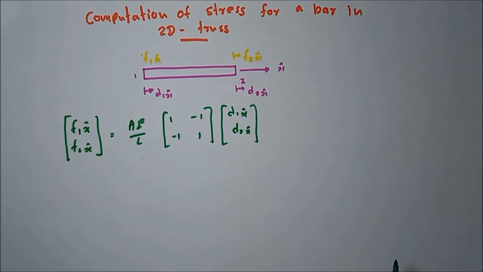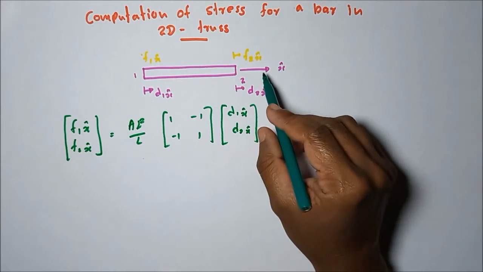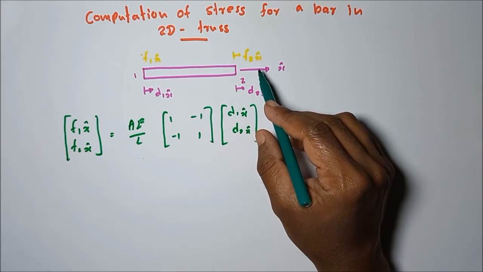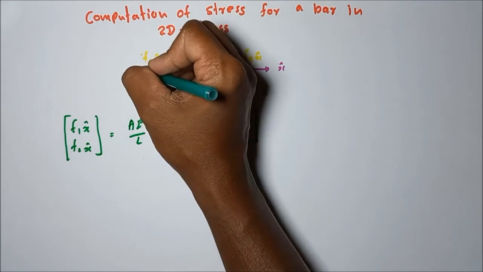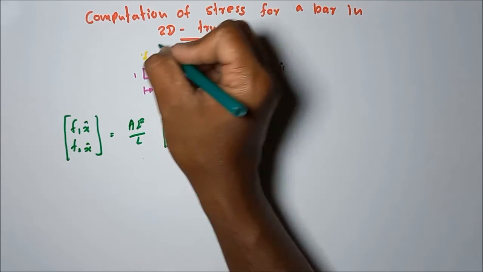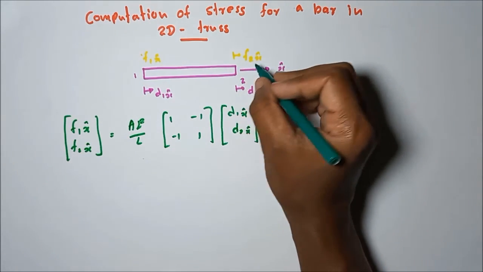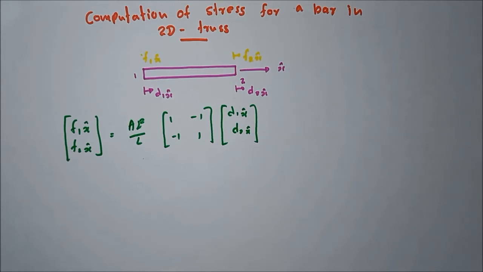Okay, without including F1 y hat and F2 y hat, because they are 0, so I will not include those in this equation.